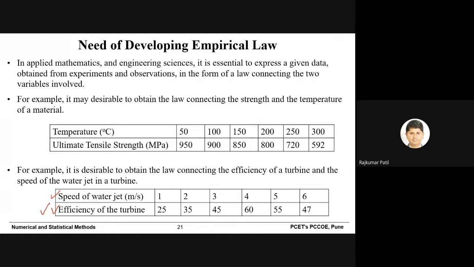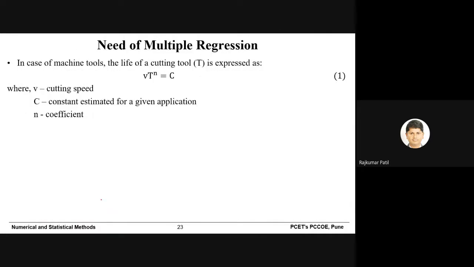And once you understand this concept, you can select only these 3-4 parameters, and you will develop the relationship between these 4 independent parameters and the efficiency of the turbine as the dependent parameter. So such types of examples you need to understand.